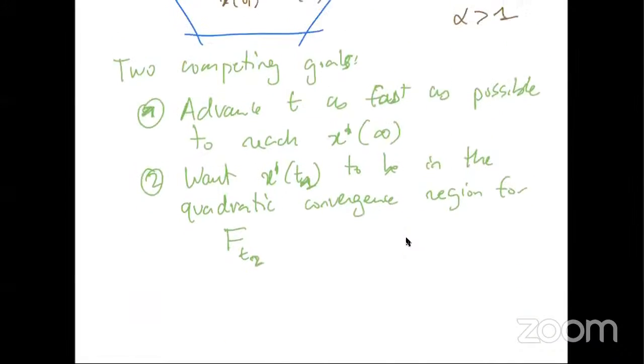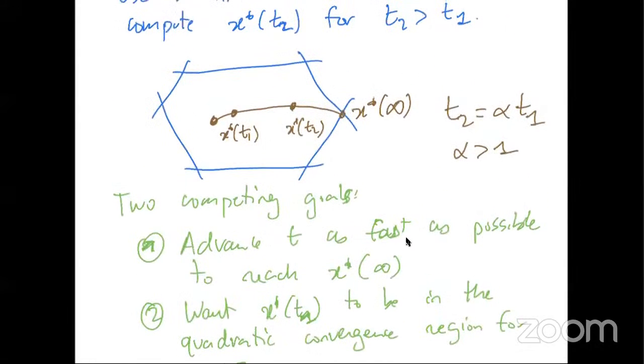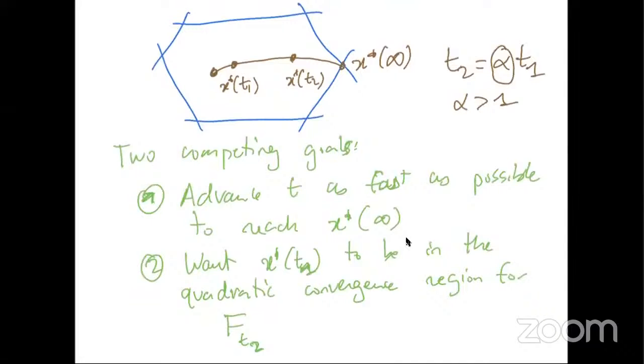I want to stress that this trade-off in how to choose alpha is the main difficulty in analyzing interior point methods. The theory of so-called self-concordant functions has been developed exactly to analyze this setting.